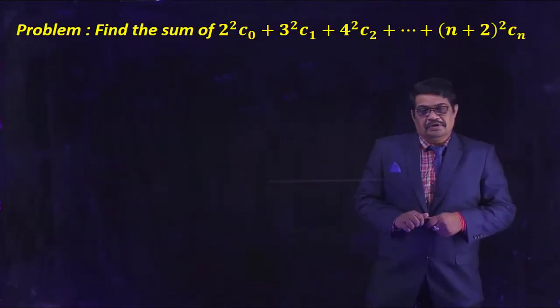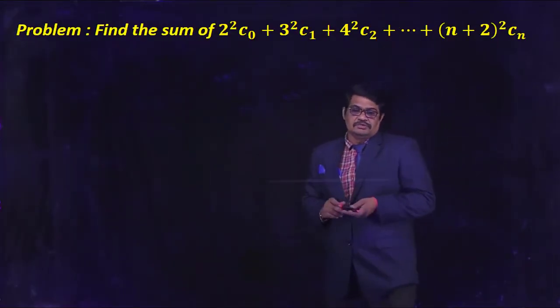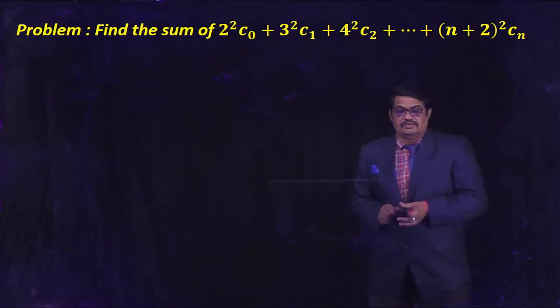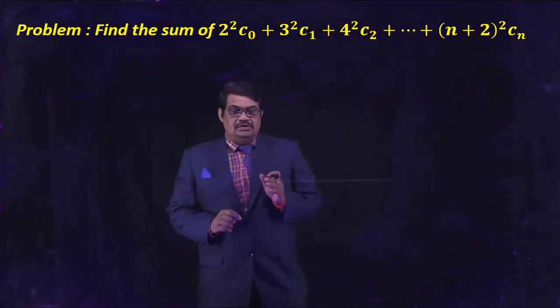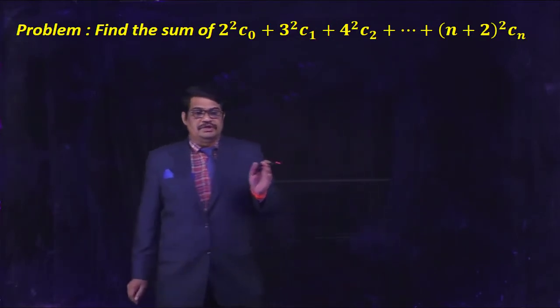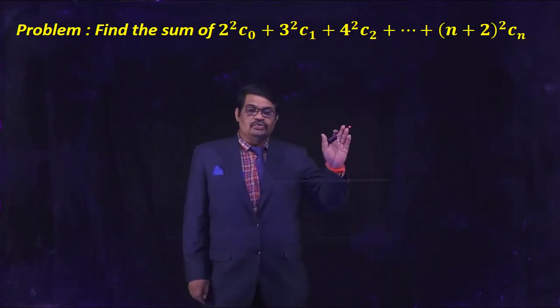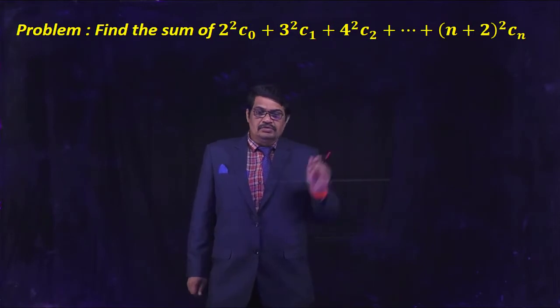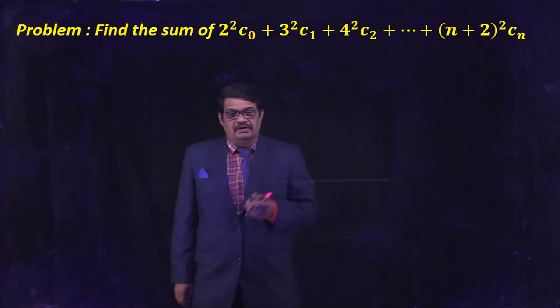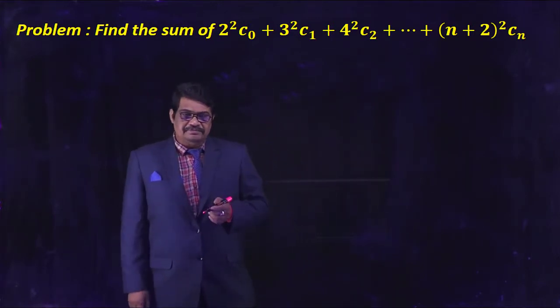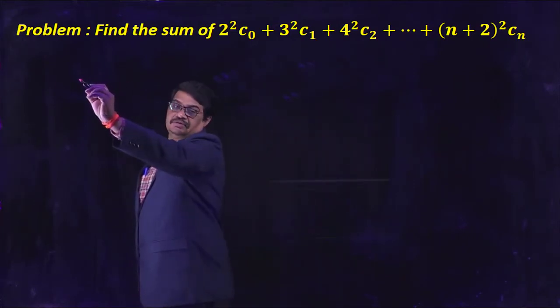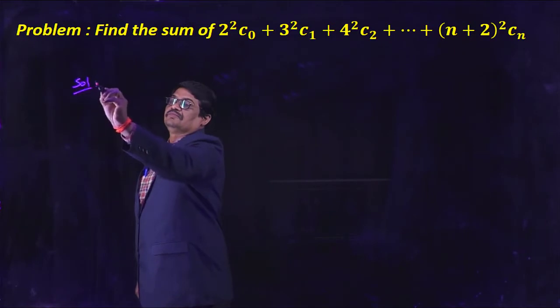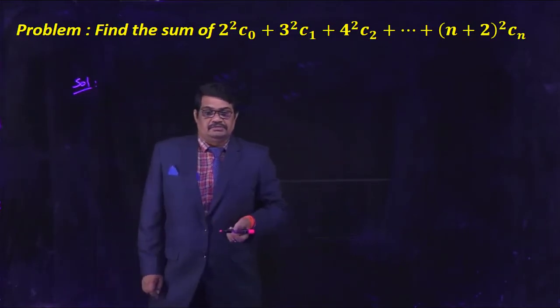Okay, see another problem. Find the sum of 2 square C0 plus 3 square C1 plus 4 square C2 and so on plus (n plus 2) whole square into Cn. Now we have to find the sum of the series. Now see the solution. What is the given series?